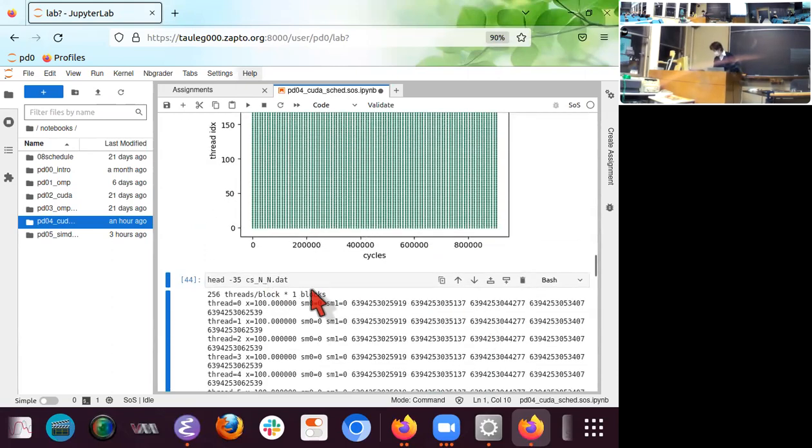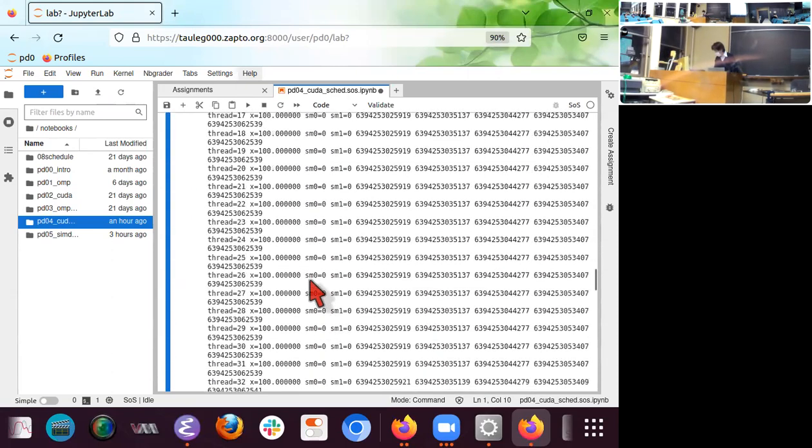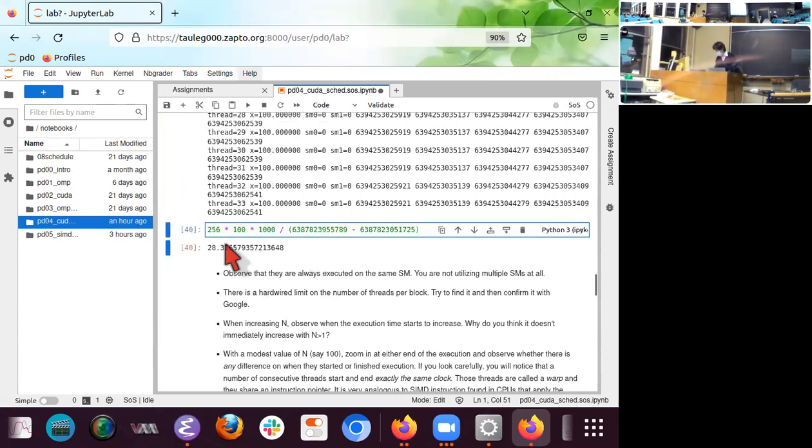So let's do a simple calculation. We have 256 threads, each doing this number of FMAs. This is the total number of FMAs they altogether perform.